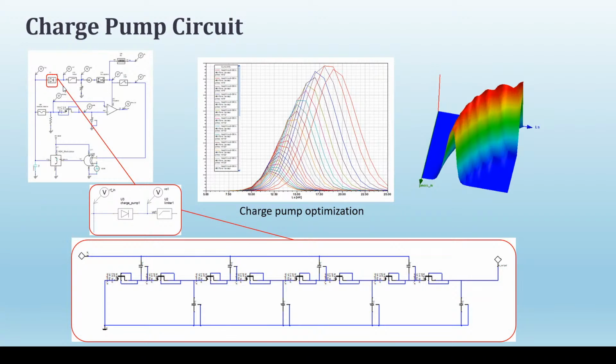For the charge pump design, you can see there's a small block. If we expand this small block, you can see this is a charge pump that was built with transistors. You can create this transistor design in circuit, and then create a symbol for that, and place it in a bigger system.